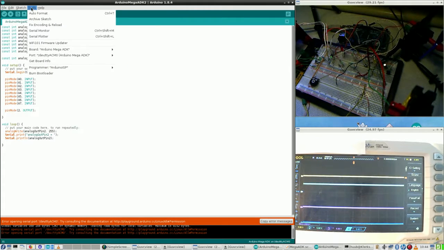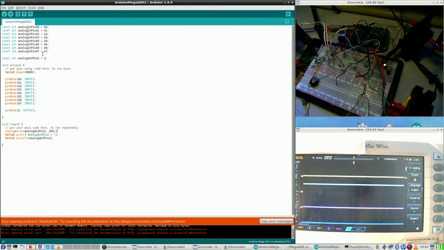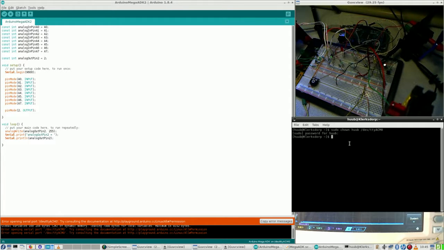What is wrong with the permission? I have TTY ACM 0. I have enabled it. That's why I can program it.